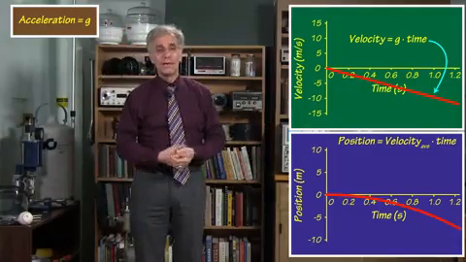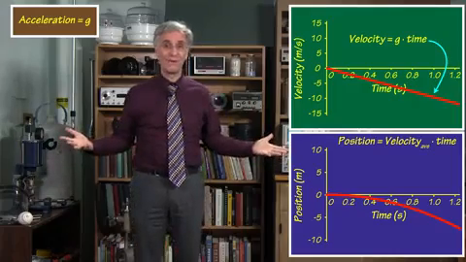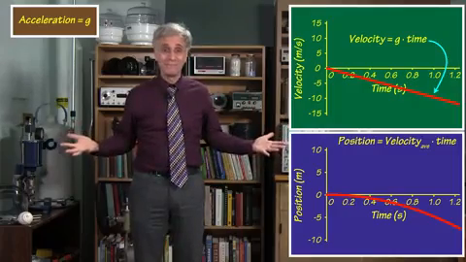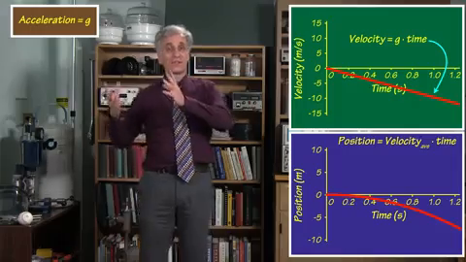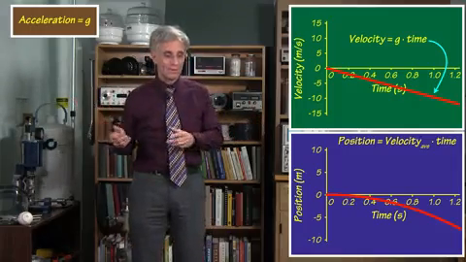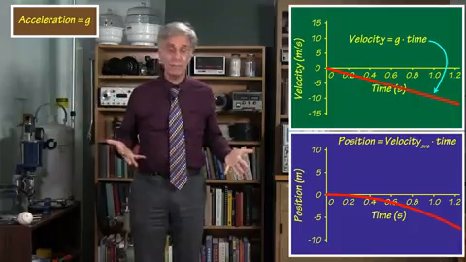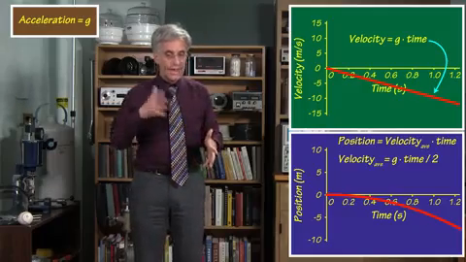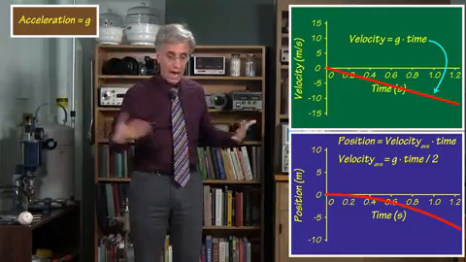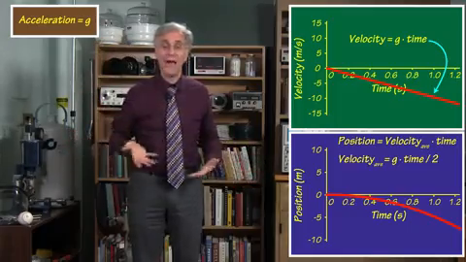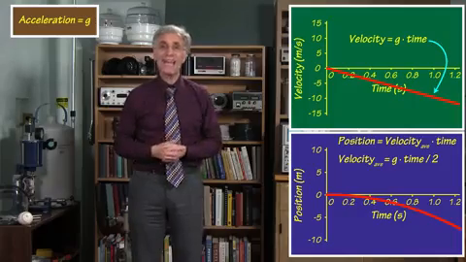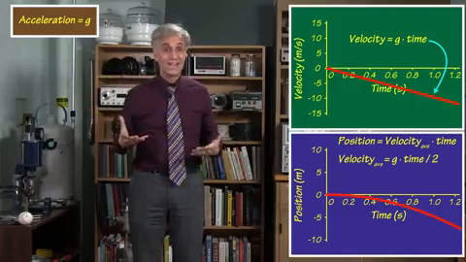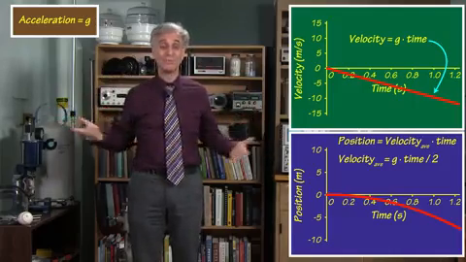And so we know what the velocity of a falling ball is as a function of time. It's g times time. So the velocity at the start of the drop is 0. The velocity at the moment in question, the moment we're paying attention to, is g times time. So the average of 0 and g times time is g times time over 2, halfway between the two. So that is the average velocity of a falling ball dropped from rest: g times time over 2.